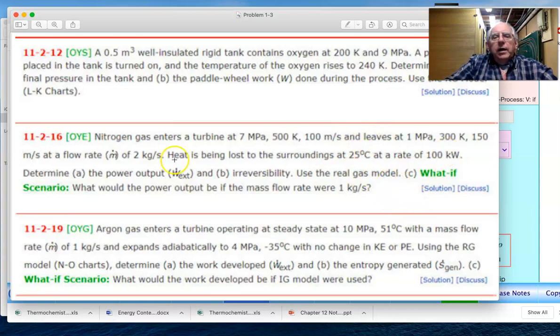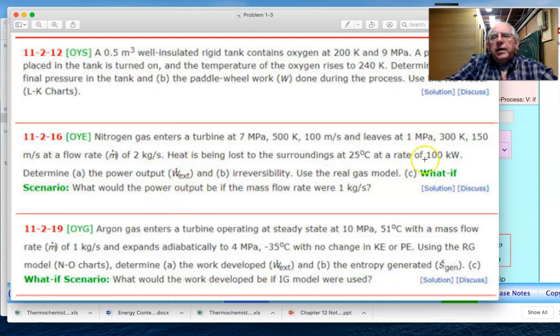And so the problem continues on as to what would be the power output if the mass flow rate was reduced in half. Now, the first thing that one would possibly think would be the case is that the power output would go down to half the value.